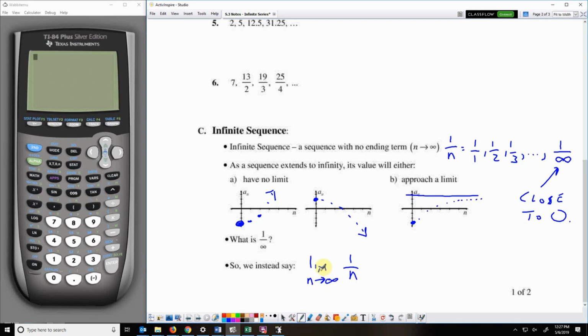The limit for this sequence, 1 over n, as n gets closer and closer to infinity, is 0. So 1 over infinity does not equal 0, but as n gets closer and closer to infinity, it approaches a limit of 0. It's infinitely close to a value of 0.